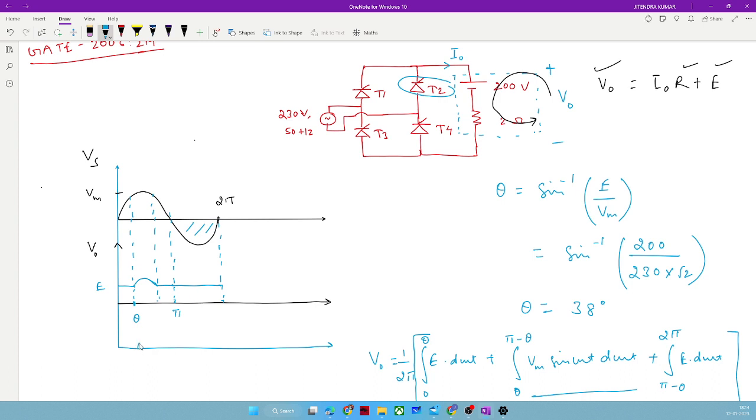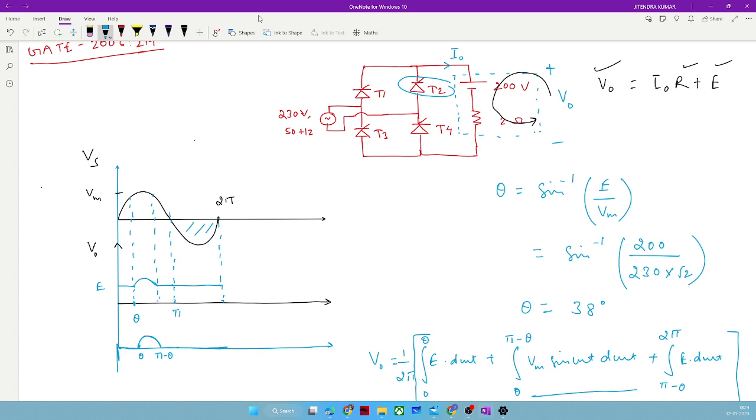So it will be like this, and it will be zero because after this period no other switches are getting conducted. So it will conduct only from theta to pi minus theta.